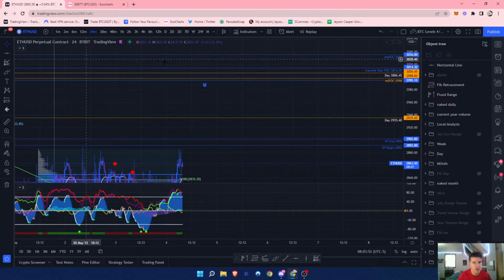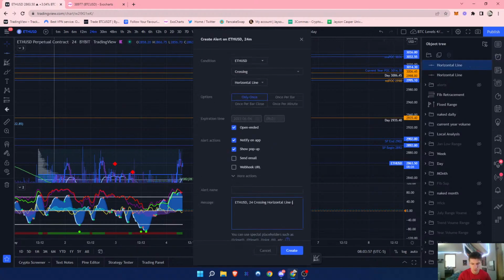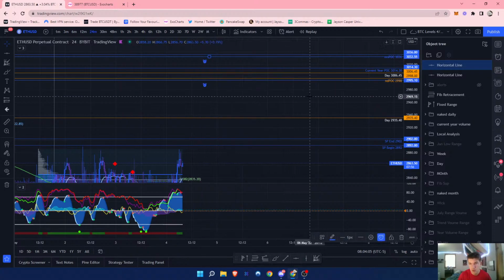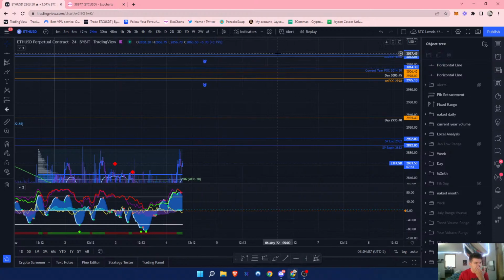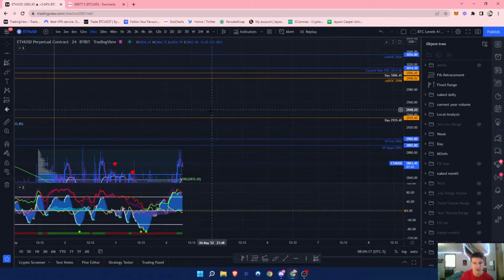And again, the same thing could kind of happen up here. Because this is a naked monthly point of control with a lot of volume, which means a lot of liquidity.